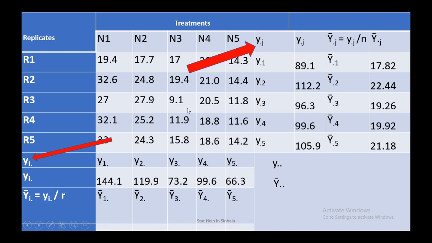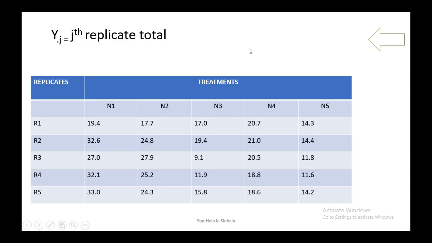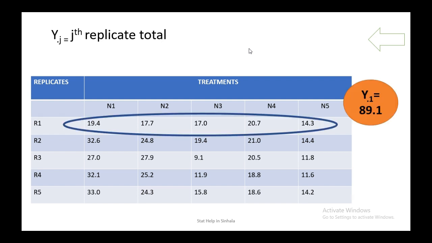Now I am going to teach what Y dot j is. Y dot j means the total of the jth replicate. For example, Y dot 1 means the total of the observations under replicate 1, that is the total of these 5 observations.